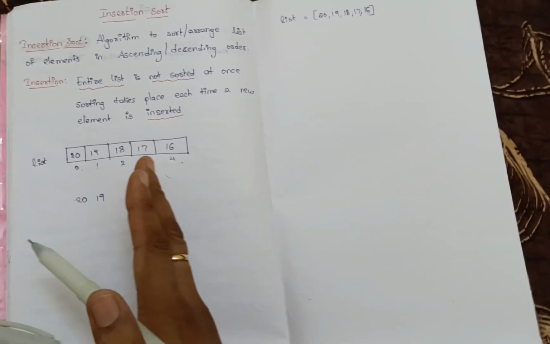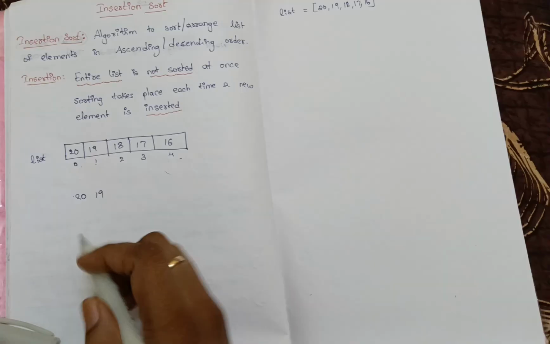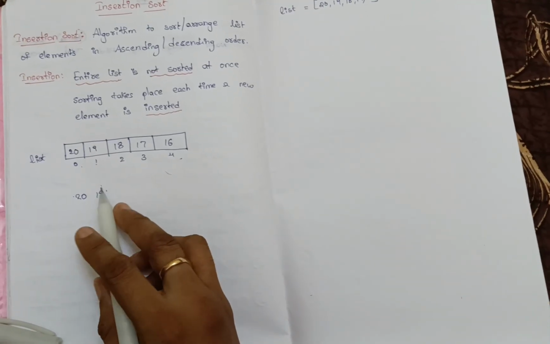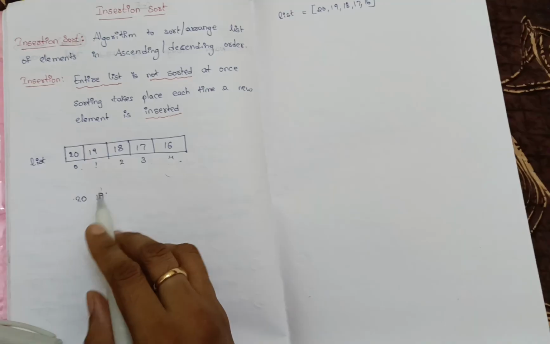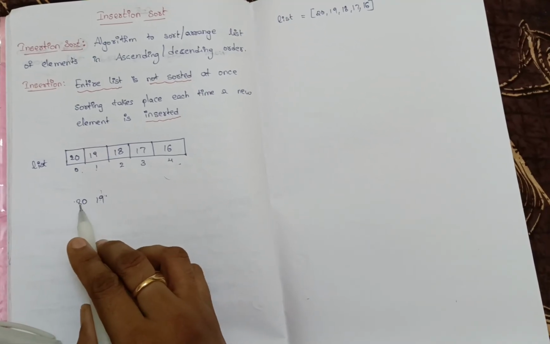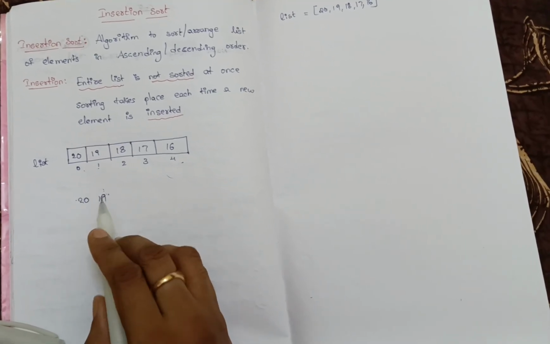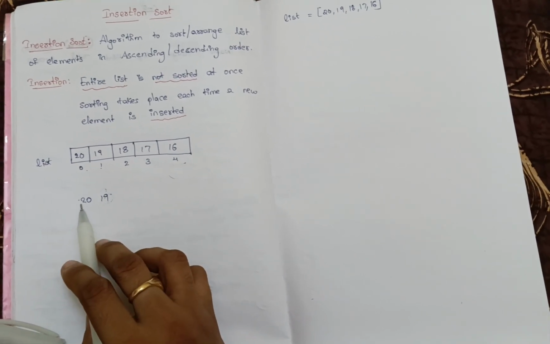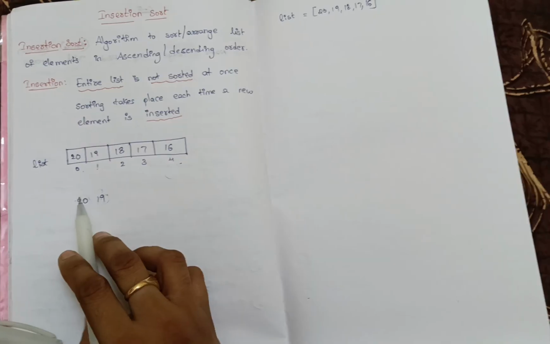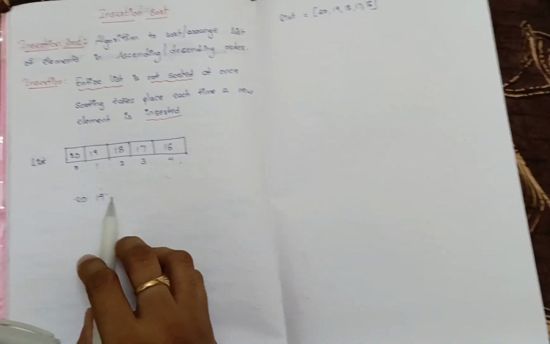Then how do we do that? I would like to sort them in ascending order. When the new entry happens, I have to compare the new entry with the previous entry. If the new entry is less than the previous value, then I have to swap them.